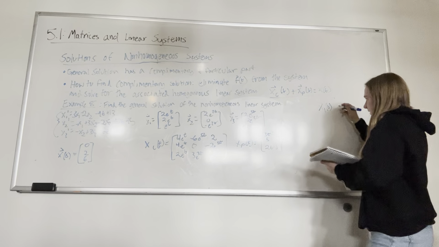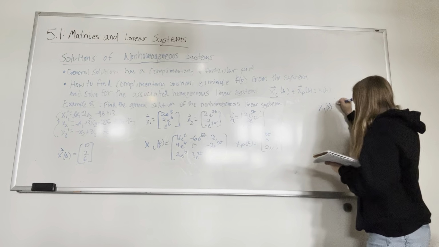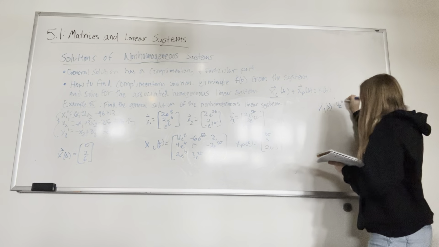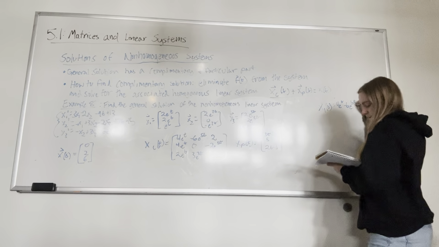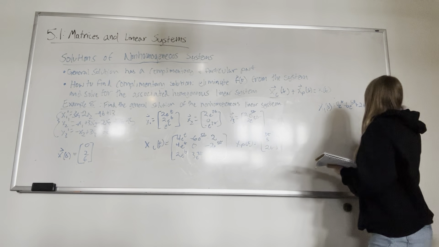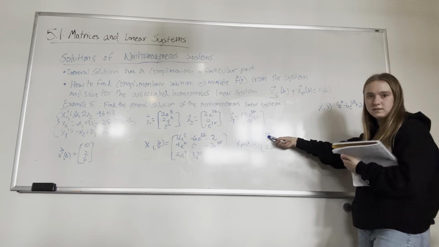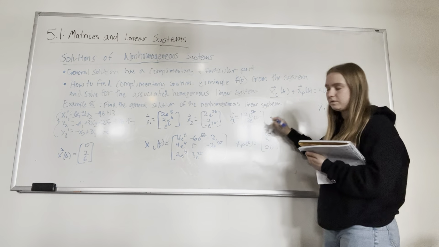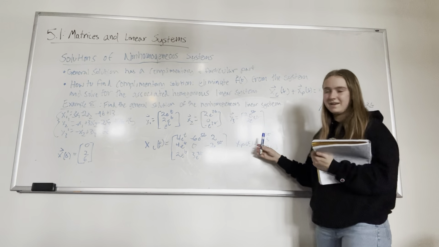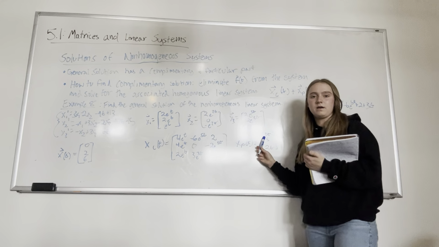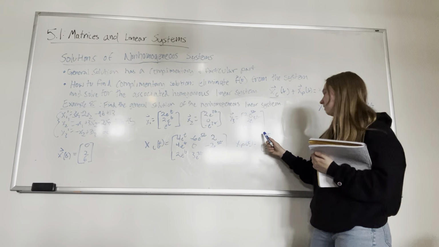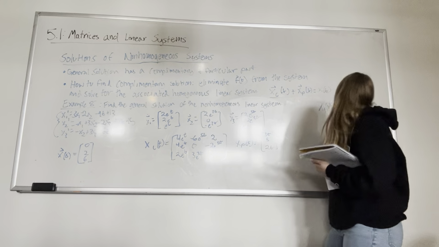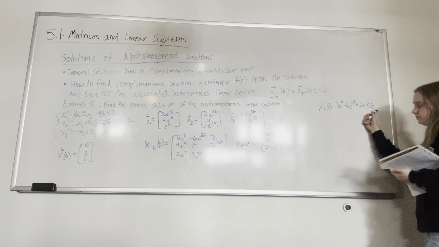So the first one, x sub 1 of t, is going to be equal to 4e to the power of t minus 6e to the power of 5t plus 2 plus 3t. We just took the 3t, the first term in our vector, and added it onto the end of our solution over here.